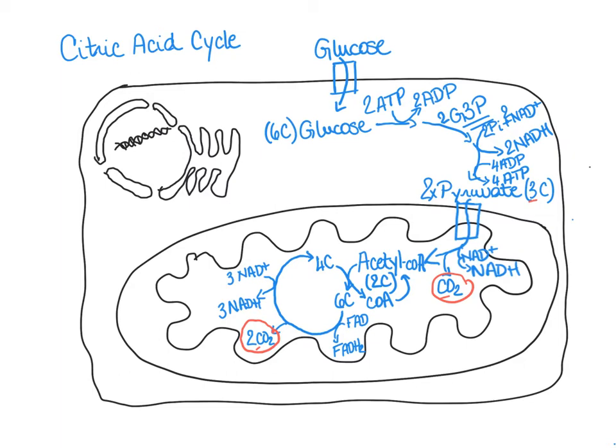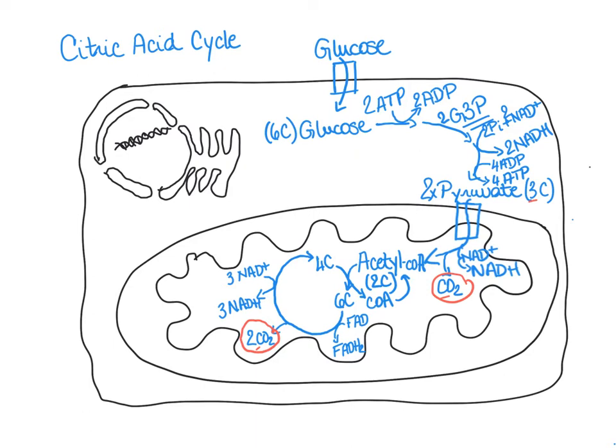There are a few other products, minor products, out of the citric acid cycle. There's some ATP, well, GTP, which is then transformed to ATP. It is such a minor part of the citric acid cycle that we typically don't worry about it.